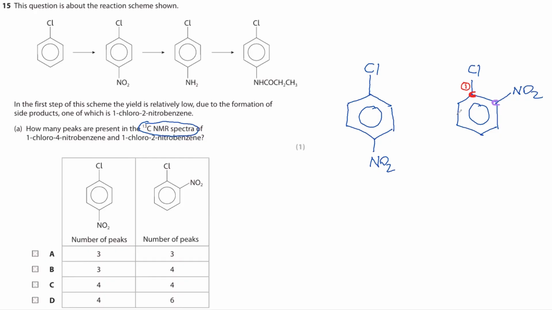I don't see any other carbon atom attached to a nitrogen atom. So that's the second environment. We have only one carbon atom there. Then I can see another carbon atom here. You can see that it's attached to a carbon with the NO2 group. So there's only one carbon which is attached to hydrogen and which is attached to the carbon with the NO2 group. So that's also only one environment.